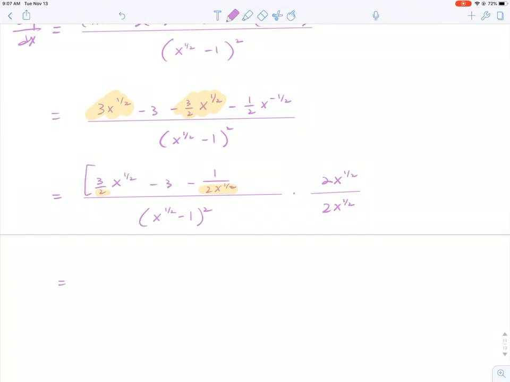Okay, so remember the division bar is a grouping symbol, so then we distribute. And we'll have 3x minus 6x to the 1/2, and then just minus 1 over 2x to the 1/2 times x to the 1/2 minus 1 squared. Okay, so we've gotten rid of the complex fractions. There's no negative exponents, so I'm going to leave it there.